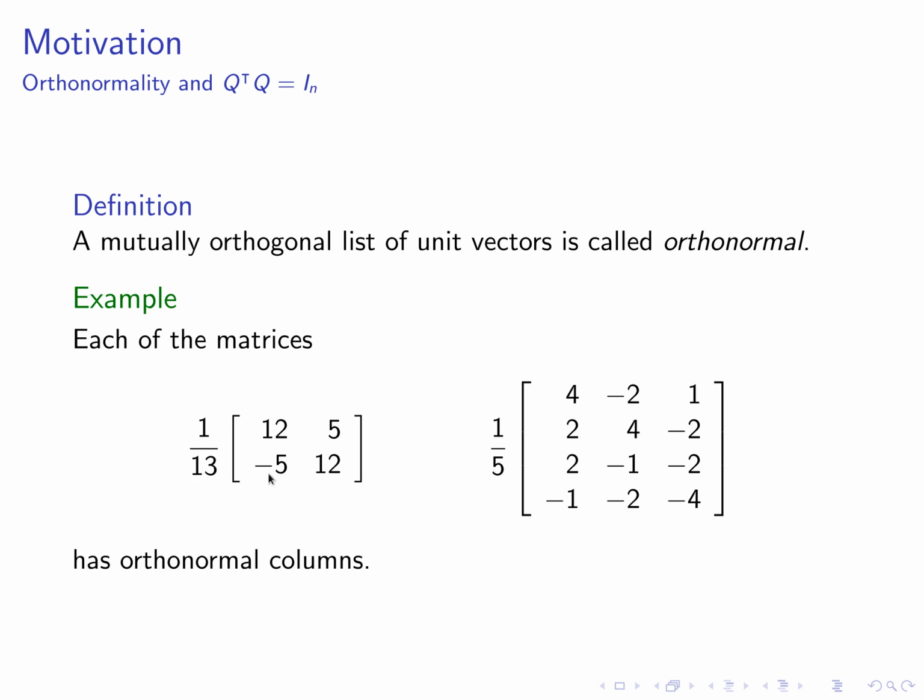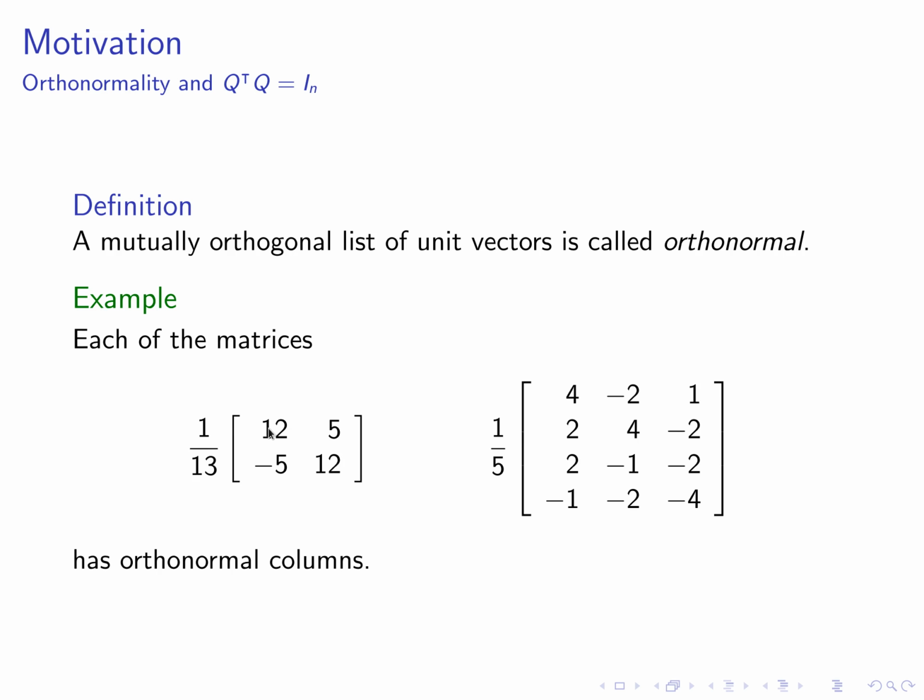So here, as an example, we have two different matrices. This first matrix is a 2 by 2 matrix where every entry should be scaled by 1 over 13. We can check ourselves that the columns of this matrix form an orthonormal list. How do we do this? We check that the length of each column is equal to 1.